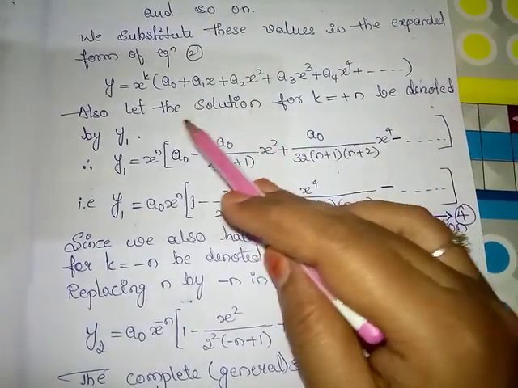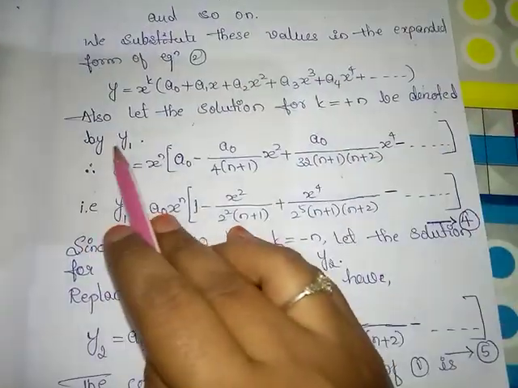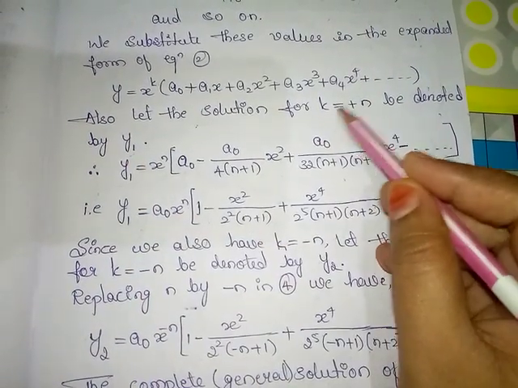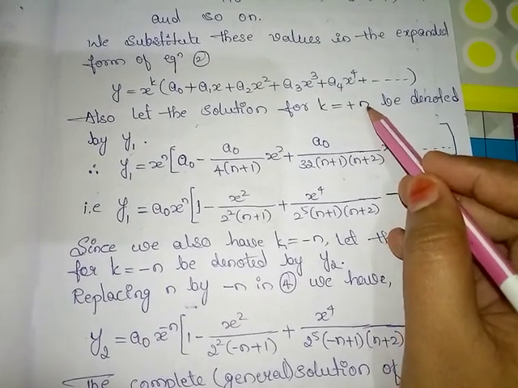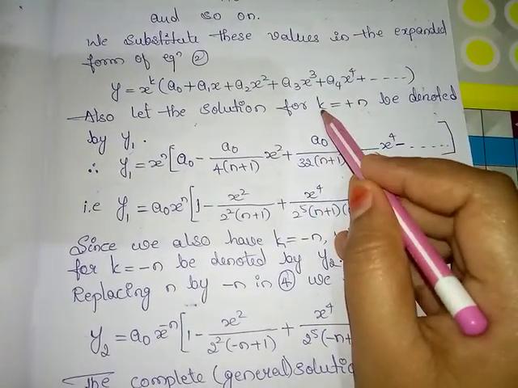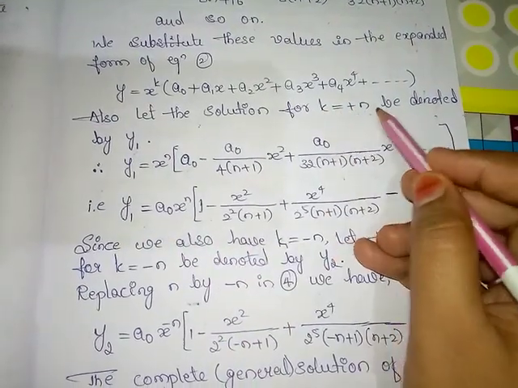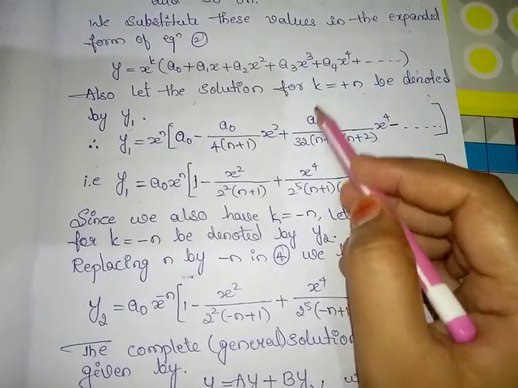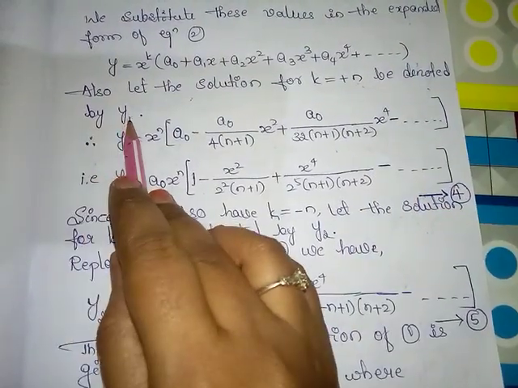Also let the solution for k is equal to plus n be denoted by y1. Here we have the value of k as plus or minus n. We will take y1 for k is equal to plus n and y2 for k is equal to minus n. Here we are taking the solution for k is equal to plus n and we denote it by y1.